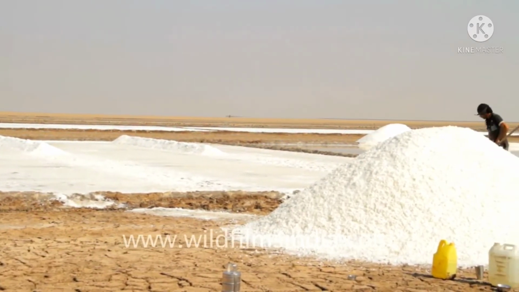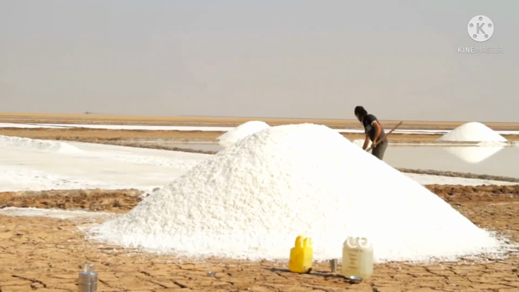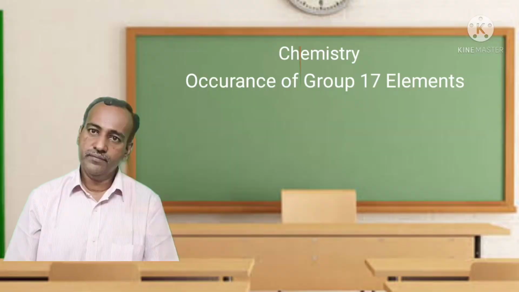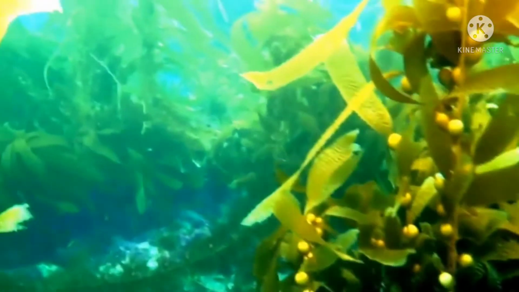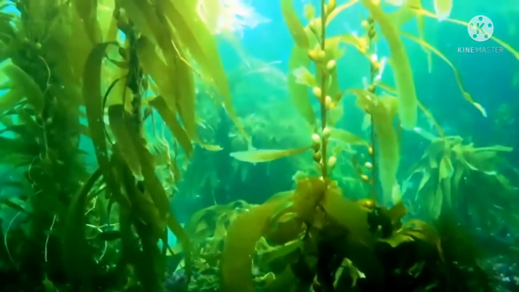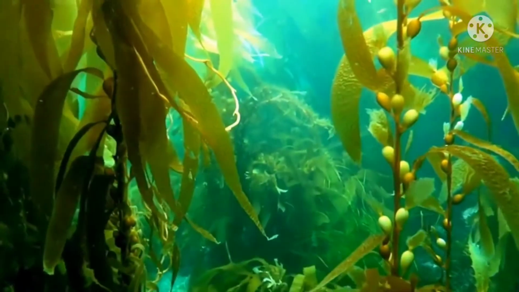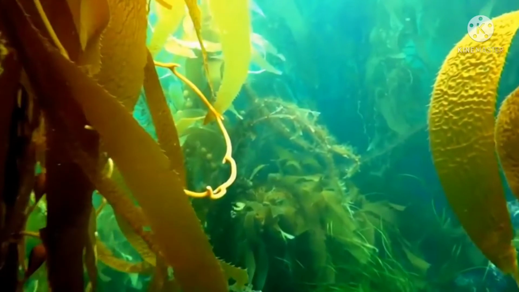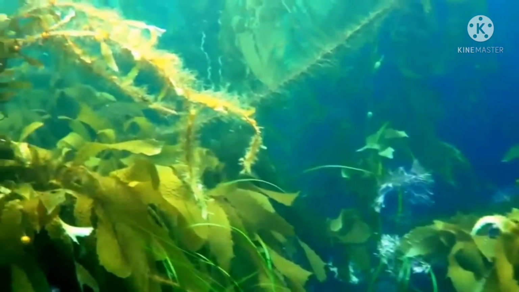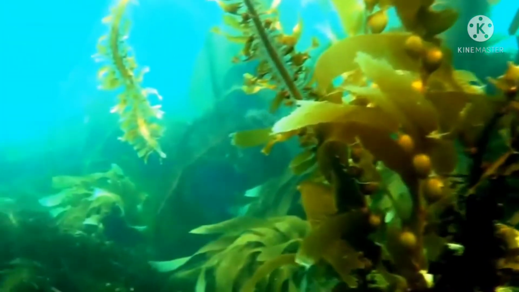Carnallite is the main component of dried up sea. Some marine life, some seaweeds, contain iodine. That's all about the occurrence of group 17 elements. The last element, astatine, is a radioactive element.